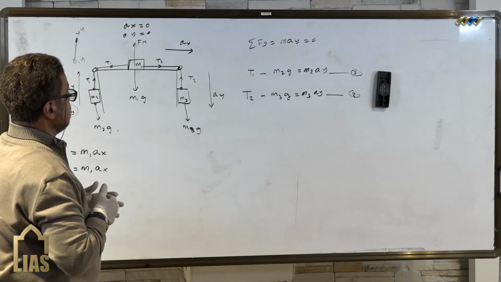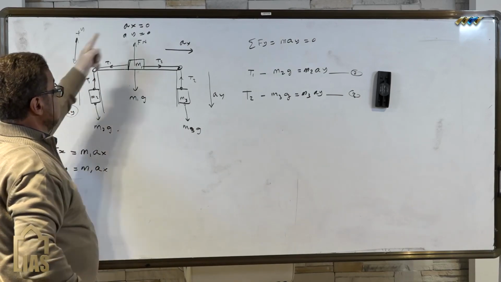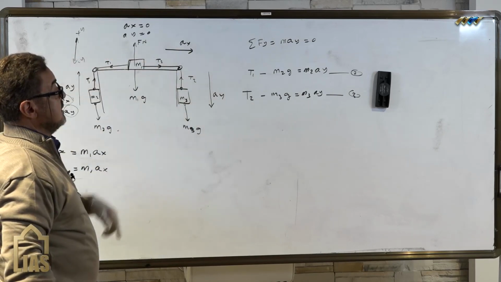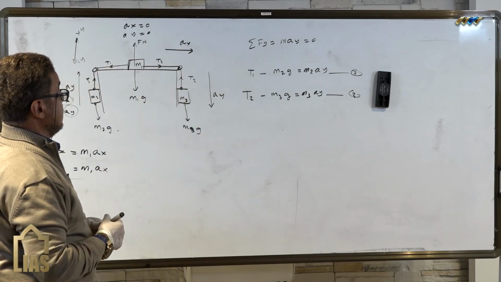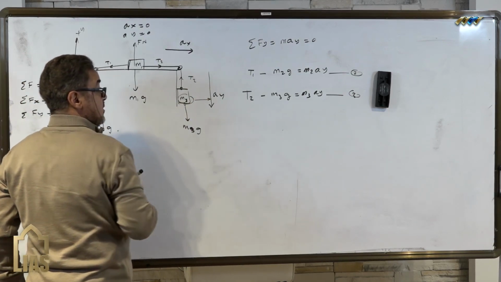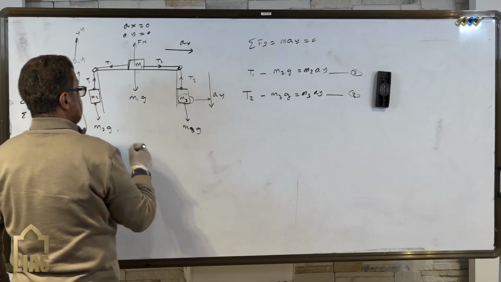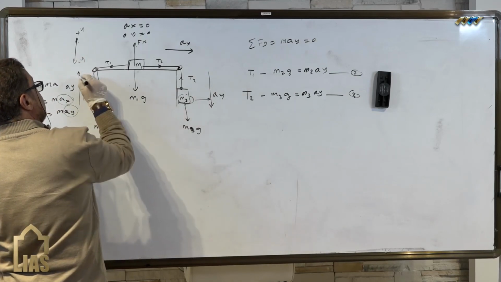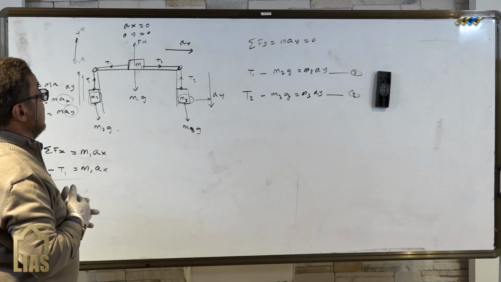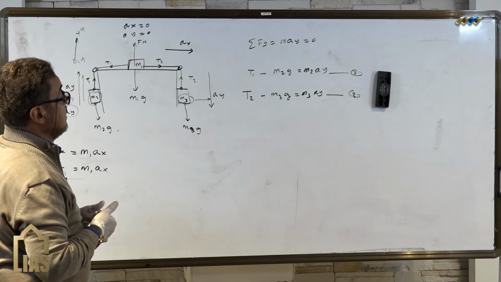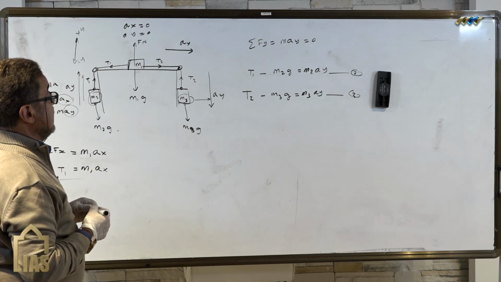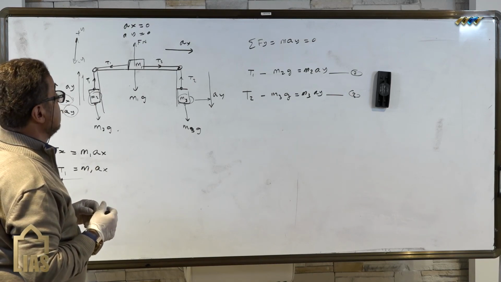Okay? All the system run in one direction. Okay? Like that. We said this M3 here moves in this direction, M2 here in this direction of y. Then we have AY and AX, you know, will be the same. Just solve for that.